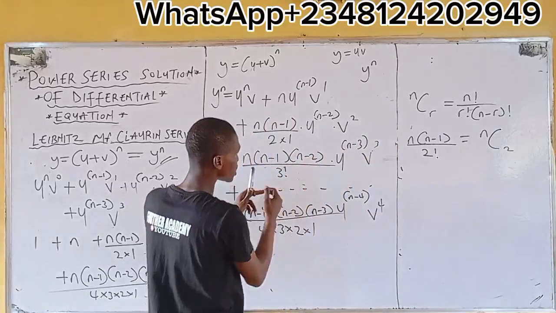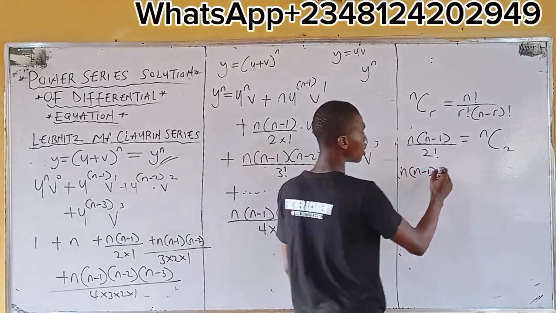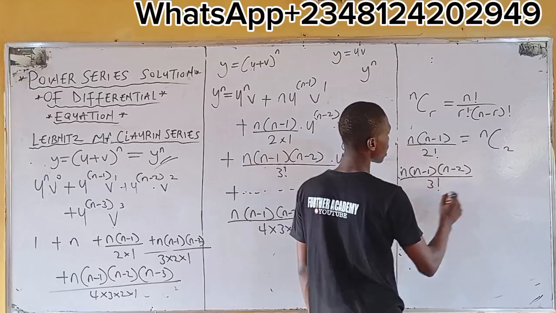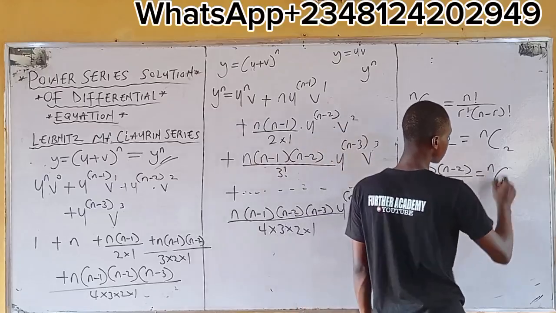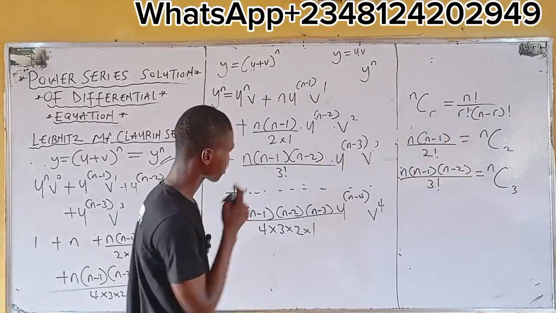This coefficient, n into bracket n minus 1 multiplying n minus 2 all divided by 3 factorial, is equal to n combination 3.